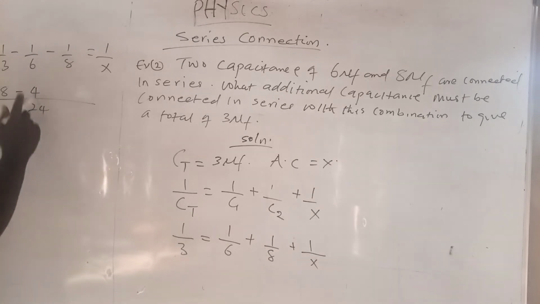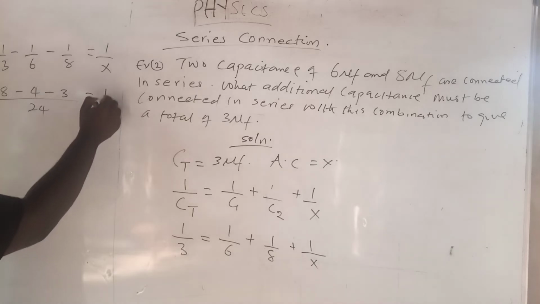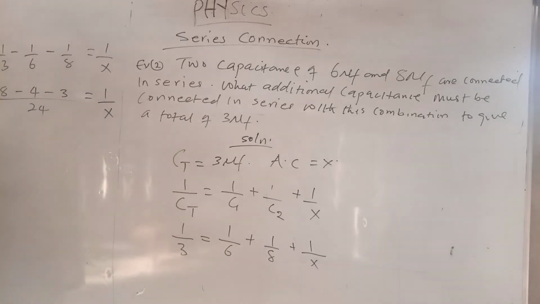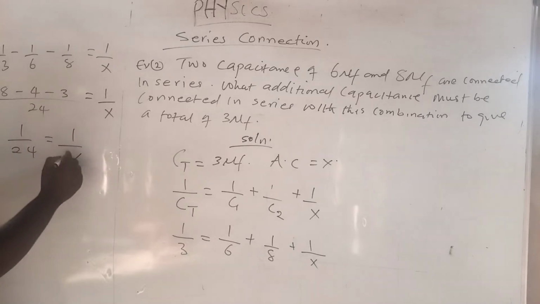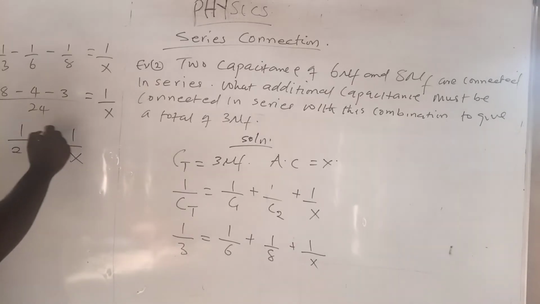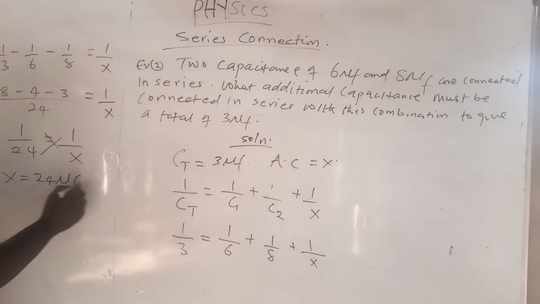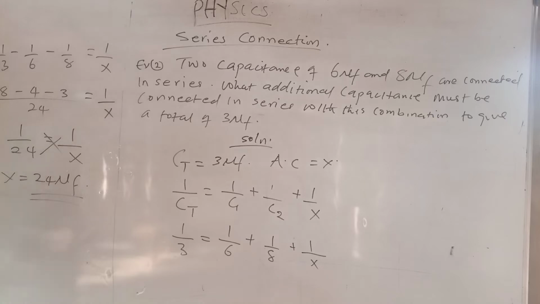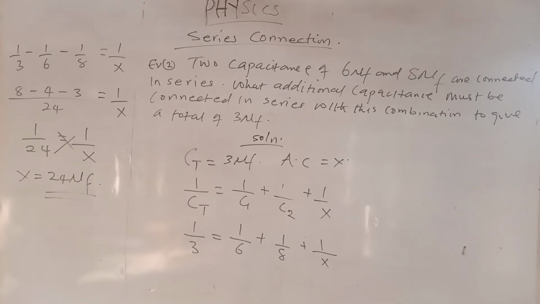Minus 1 all over 8, which goes into 24 3 times, and that is 3. So we have 8 minus 4 is 4, and 4 minus 3 is 1. So you have 1 all over 24 equals 1 all over X. By cross multiplication, X is equal to 24 microfarad. So the additional capacitance is 24 microfarad.